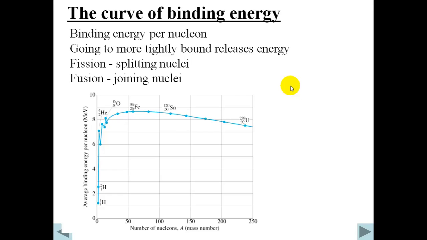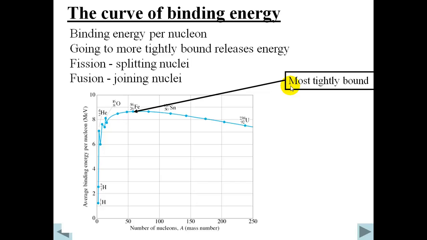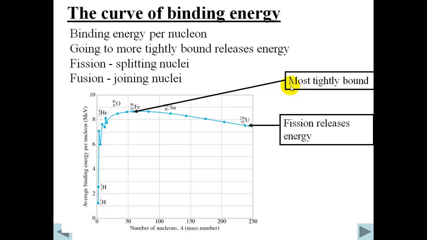Fusion is joining nuclei together. So this is the most tightly bound nucleus, iron. Now, fission is when this releases energy. In other words, it has to go to the highest binding energy per nucleon, so it has to go in this direction. So this will be fission.